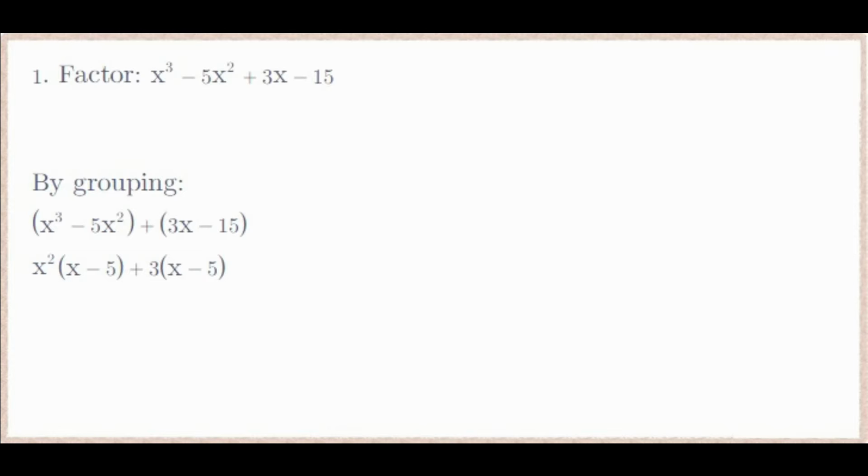For the second group, we can pull out 3, so we end up with 3 times x minus 5. Then we can factor that to be x squared plus 3 times x minus 5. And if we check, that does equal x to the third minus 5x squared plus 3x minus 15.